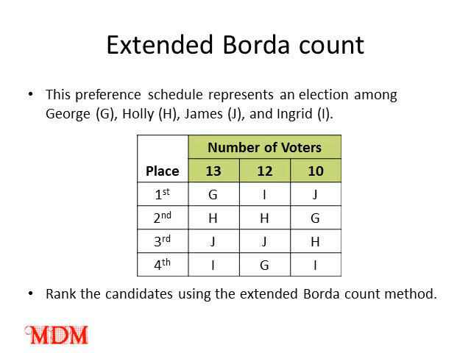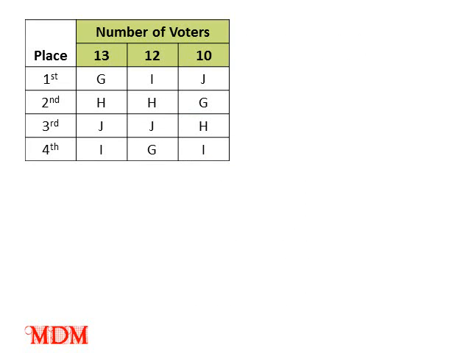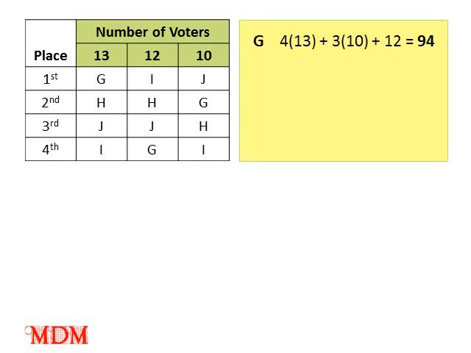Let's look at the Borda count number for each of our candidates. For George, we see that he has 13 first place votes, so we're going to multiply that by 4. He also has 10 second place votes, so we're going to multiply that by 3.